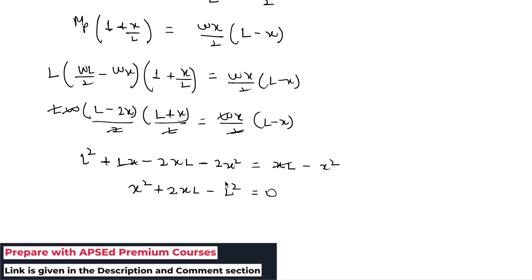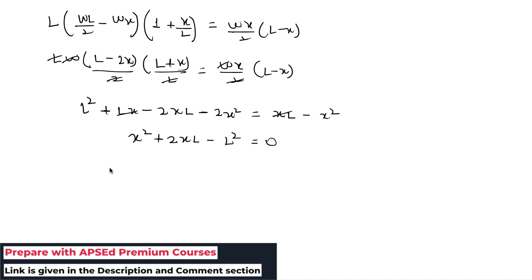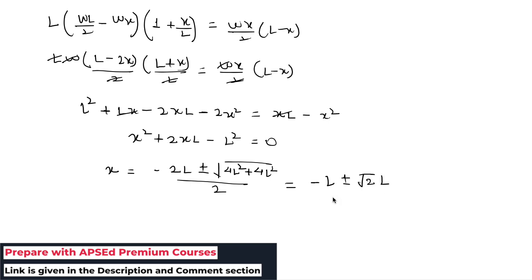After simplifying, it is just a quadratic equation, so we can find out the value of x as minus b plus minus root of b square, that is 4L square, because b is 2L, minus 4ac, so that will be 4 times L square, upon 2a, so that is upon 2. So simplifying it, we have minus L plus minus root 2 L as the value of x.